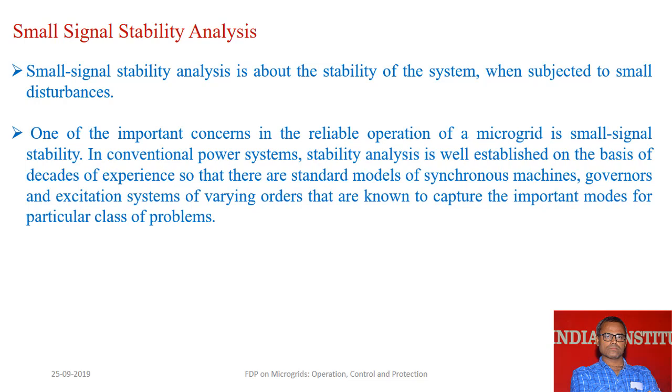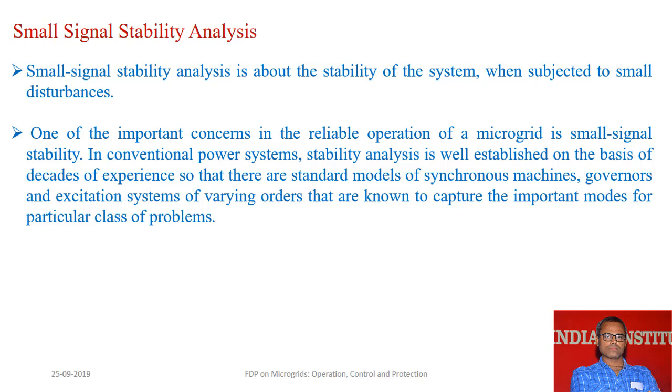One of the important concerns in the reliable operation of the microgrid is small signal stability, because, as I told, because of the low inertia, most of the time small signal stability issues are there. Even large power grids, which have high inertia, have small signal stability issues. Why not in the microgrid, right? Therefore the microgrid always has small signal stability issues, right?